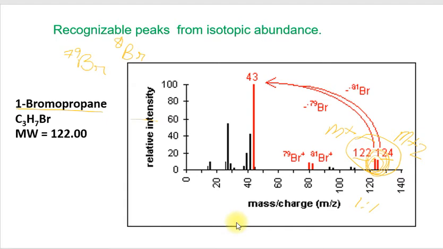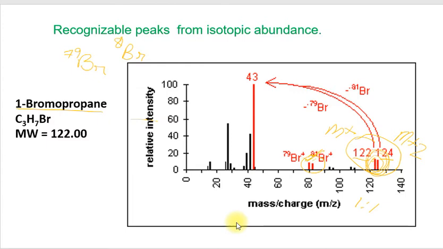You can also see similar peaks when you consider the two isotopes in the fragments, which also appear in the mass spectrum.